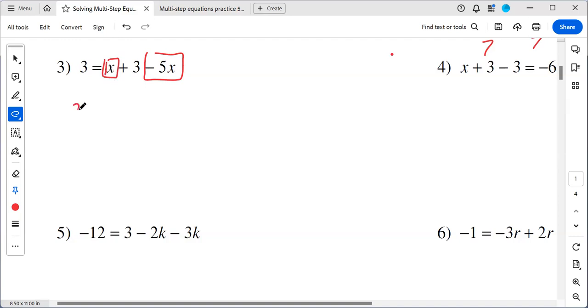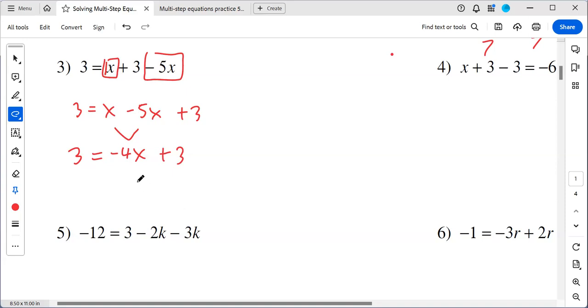So let's just rewrite it. I'm going to rewrite it next to each other. So I put the x terms next to each other, and I brought down the regular number or constant. So I got 1 minus 5, and I know that's going to give me negative 4x. Cool.